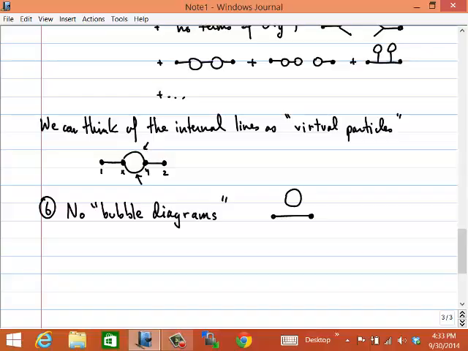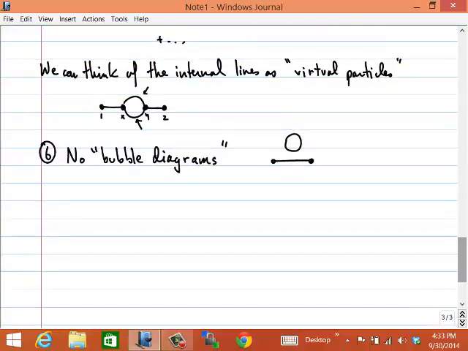Let me give you a second example of some Feynman diagrams. First, I'll compute a correlation function directly using the Schwinger-Dyson equations, and then I'll give you its translation in Feynman diagrams, and we'll see that it does agree with the rules that I've written down above.